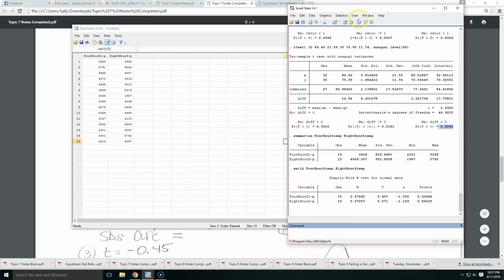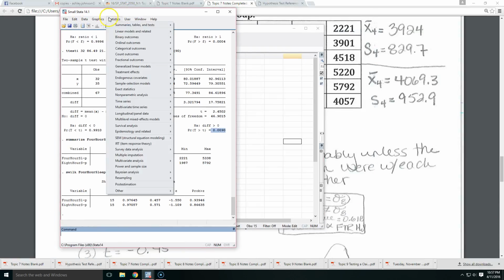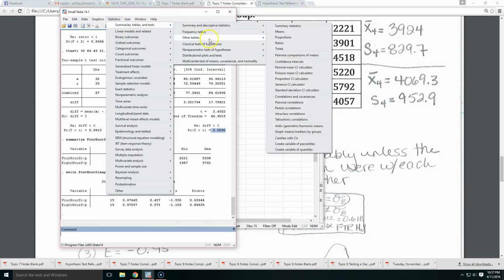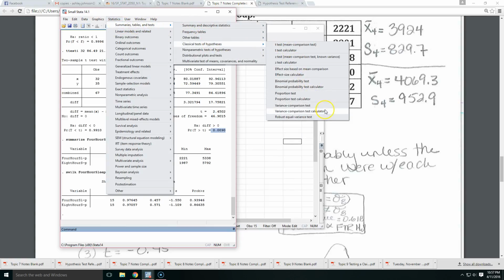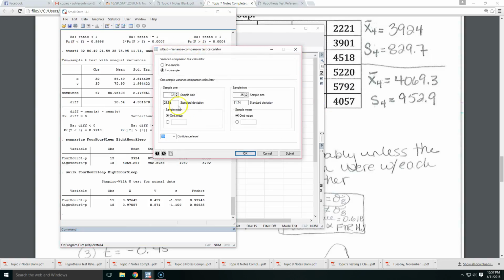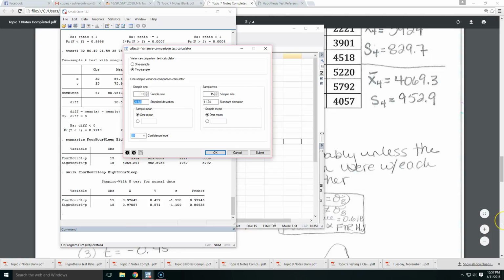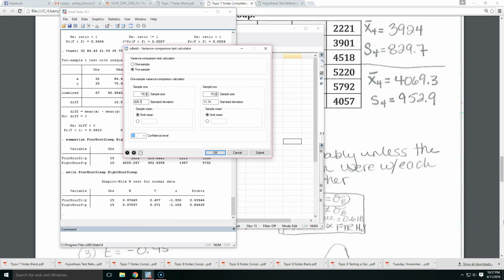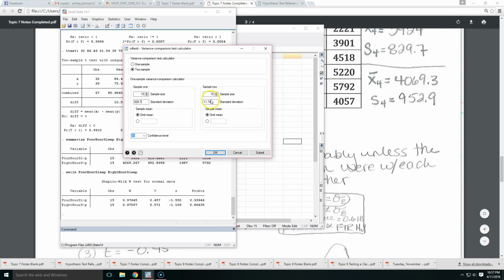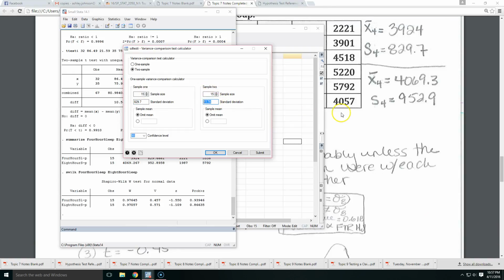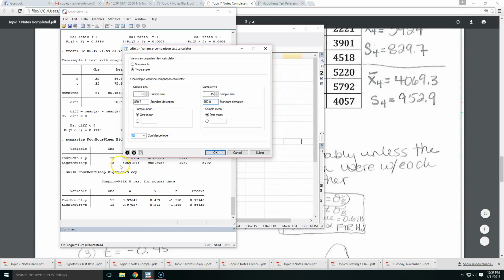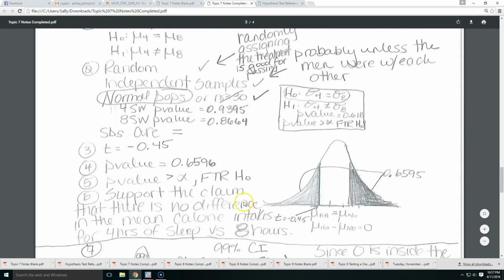To run this, you're going to run the variance comparison test calculator. And then we had 15 in our sample standard deviations. Technically, since we're testing for equal to or not equal to, it doesn't matter which one we put in first. But I usually try to be really strict with the order. All right, so let's see what that is.